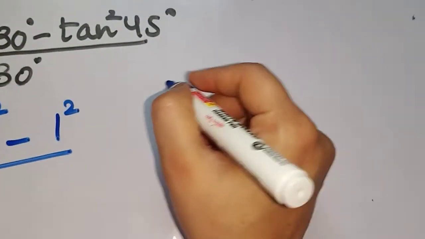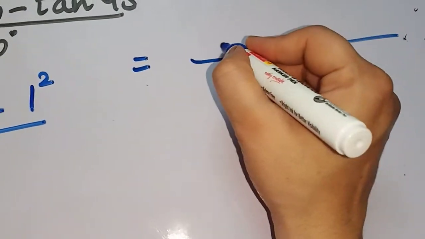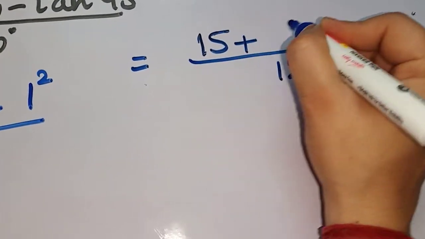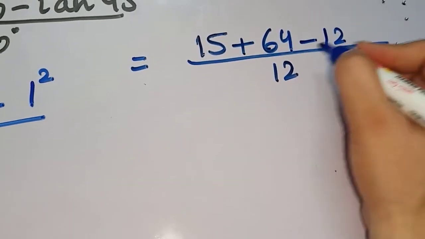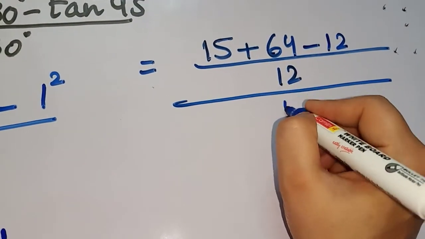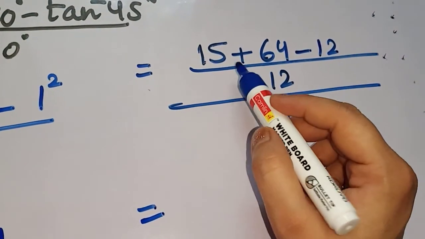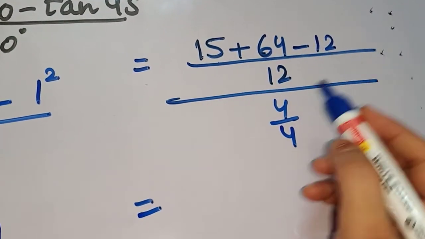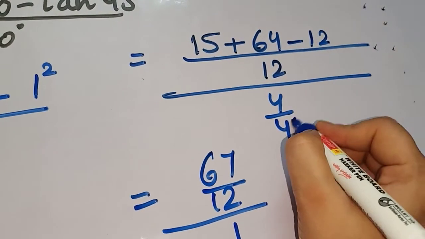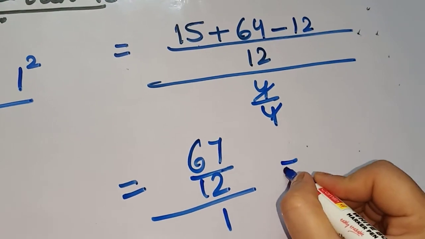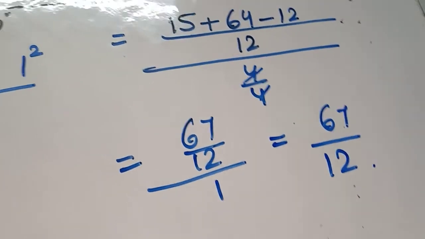Then when we take the LCM we get 12, it becomes 15 plus 64 minus 12 upon 4 upon 4. Now when you solve it, it is 67 upon 12 and the denominator becomes 1. So your answer is 67 upon 12.